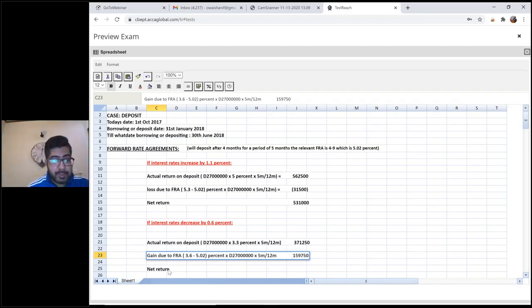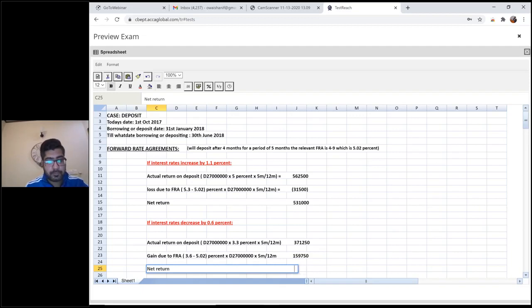So the net return, adding both, will be 531,000.